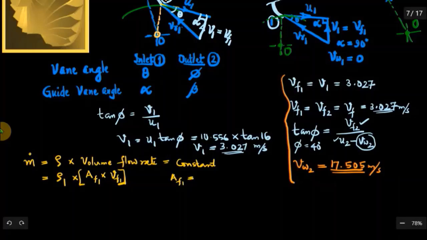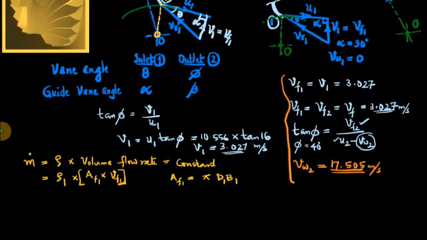Just like a cylindrical drum, you calculate the circumferential area, so it will be pi d1 b1, the curved surface area of the cylindrical portion. We normally say 2 pi r h. It's the very same thing. Instead of the height, here you have the breadth or width of the impeller.